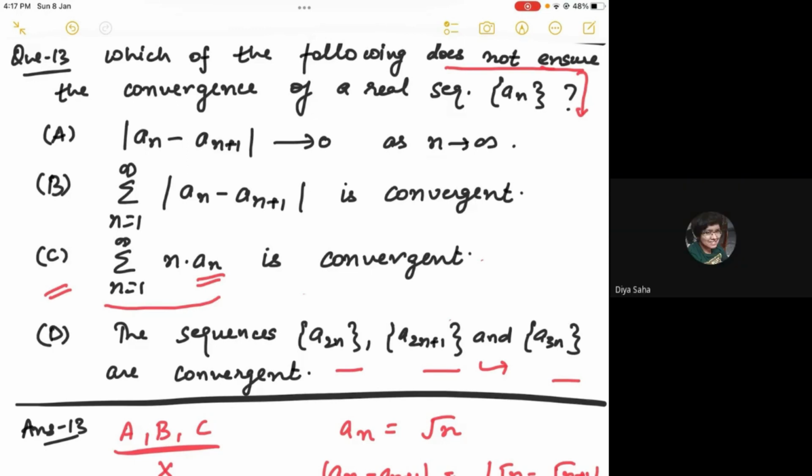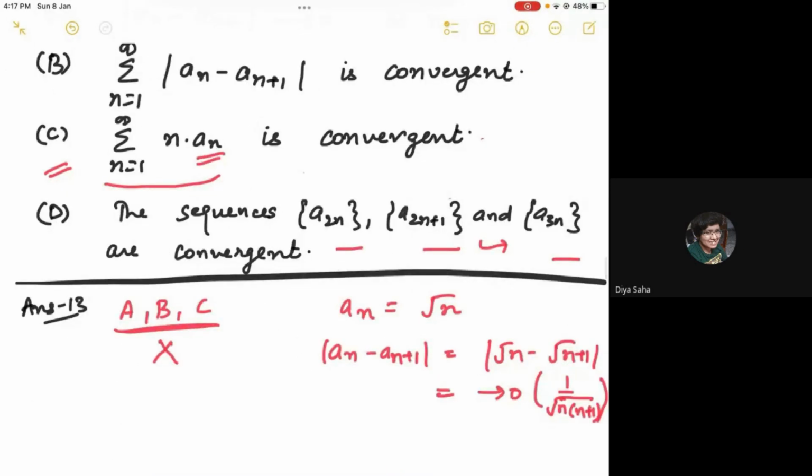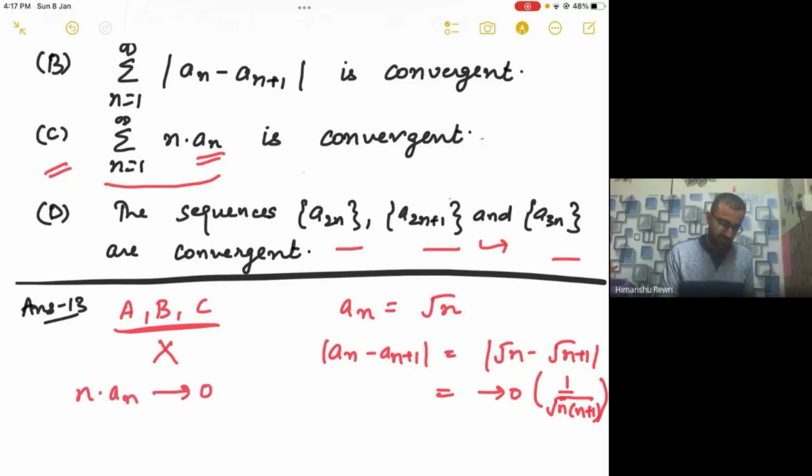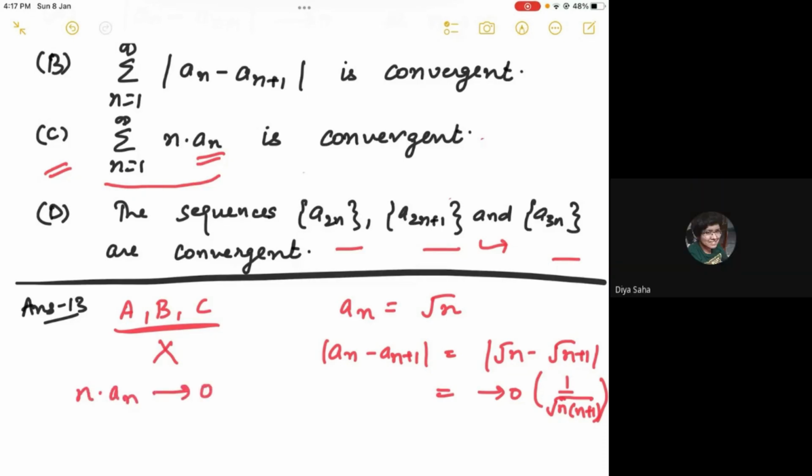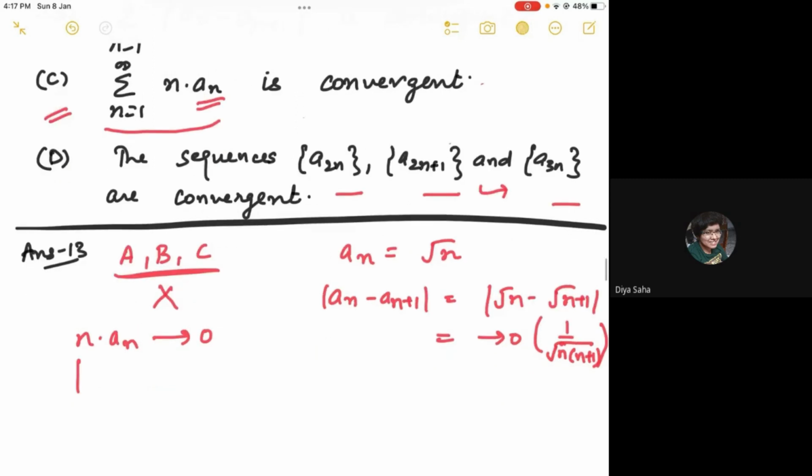Sir, if the series summation a_n is convergent, then we can say that the limit as n tends to infinity of a_n is 0. So for some epsilon greater than 0, you can find a K such that |a_n| is less than epsilon.